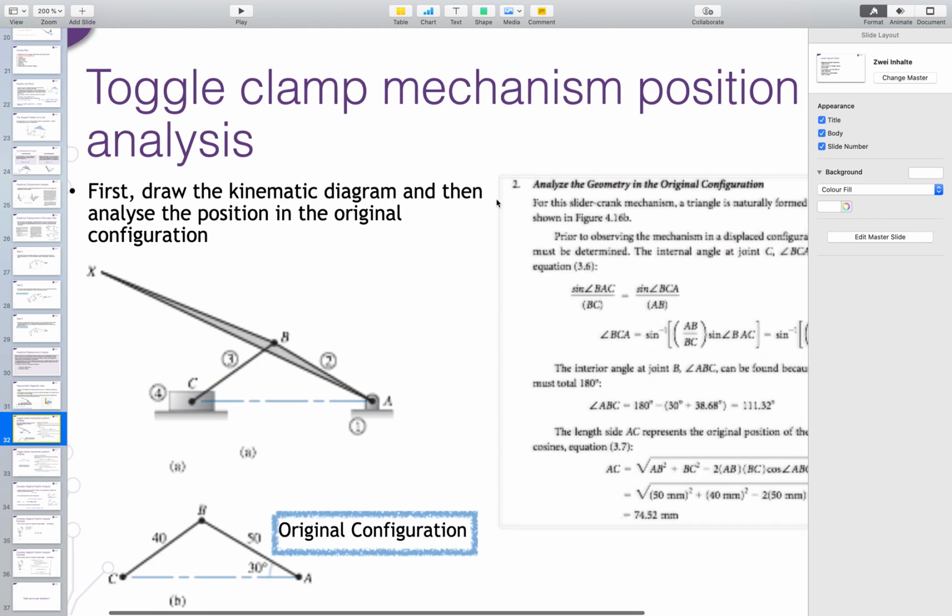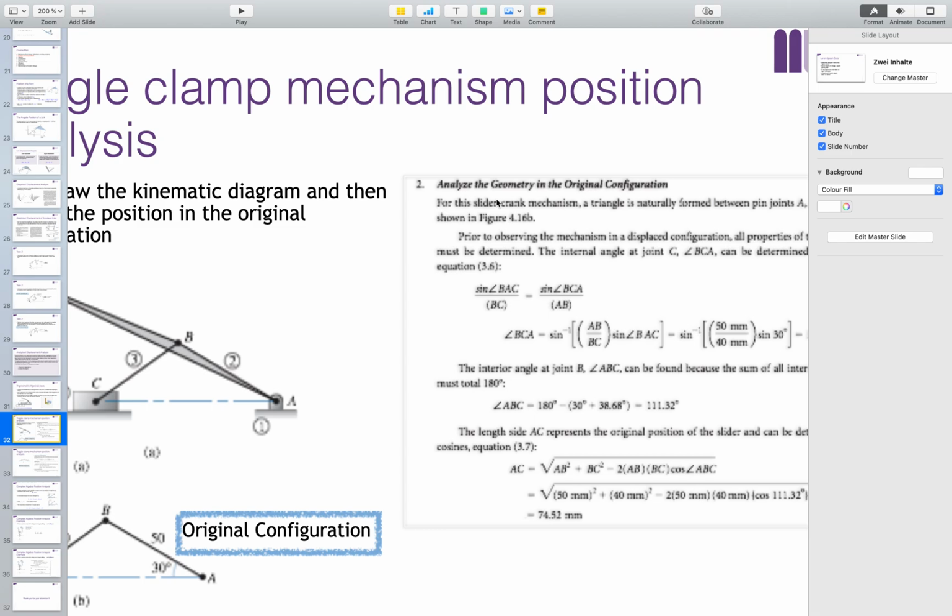There are different trigonometric laws, and one famous one that is used is the sine of BAC, which is the angle between BA and AC.